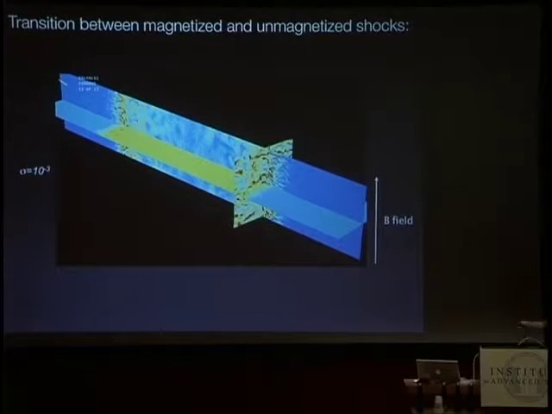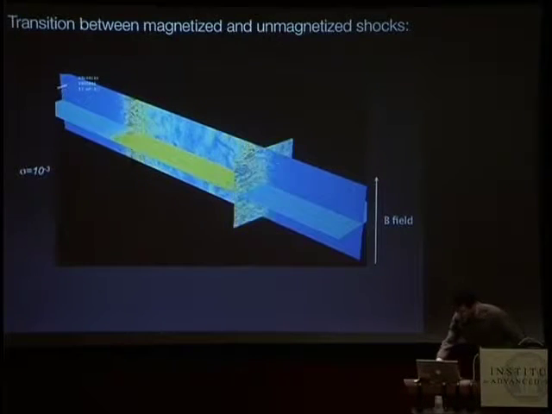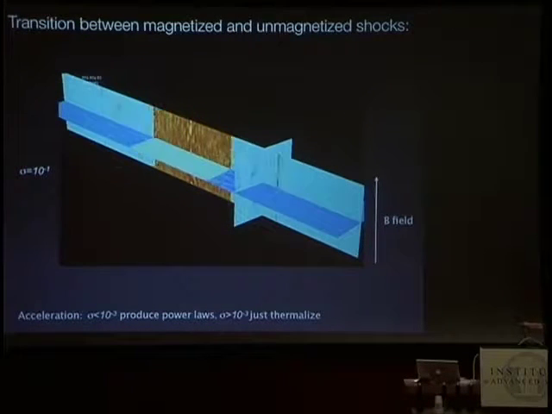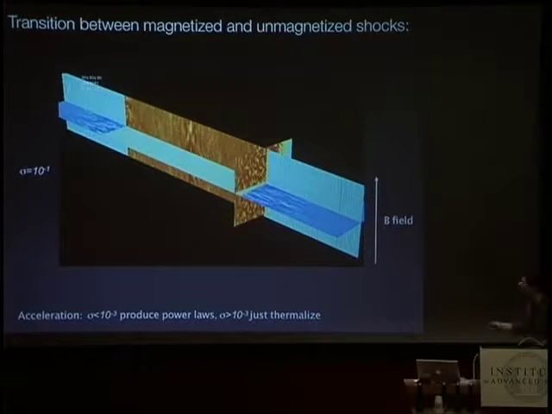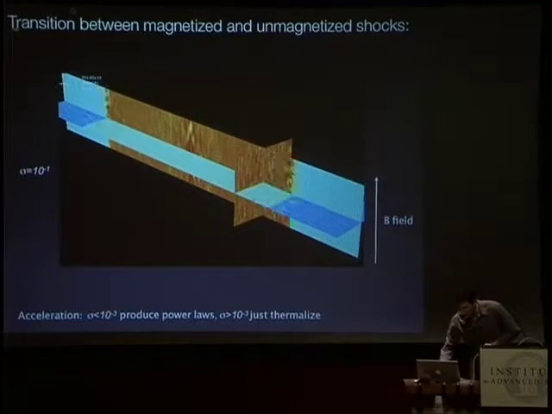The reason is that it's easy for particles to filament and move along the magnetic field, but it's harder for them to filament moving sideways to the magnetic field. So this filamentation changes its nature. Finally, if you go to an even stronger magnetic field, so now it's 10% of energy in the magnetic field, then you see that this filamentation is largely gone, and the shock structure looks quite different.